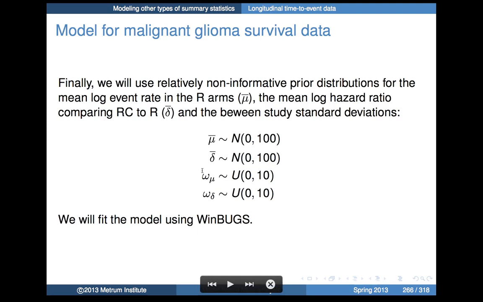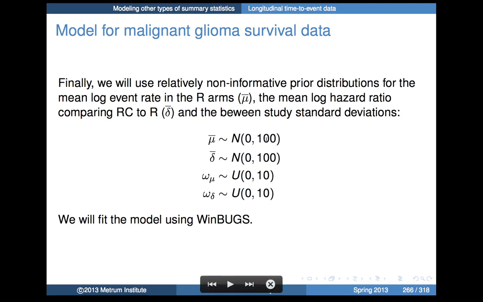I say that the mean log event rate in the radiotherapy arms is normal with mean 0 and variance 100. The mean log hazard ratio also has a prior with mean 0 and variance of 100. And then for the between study standard deviations, I put a uniform distribution between 0 and 10.